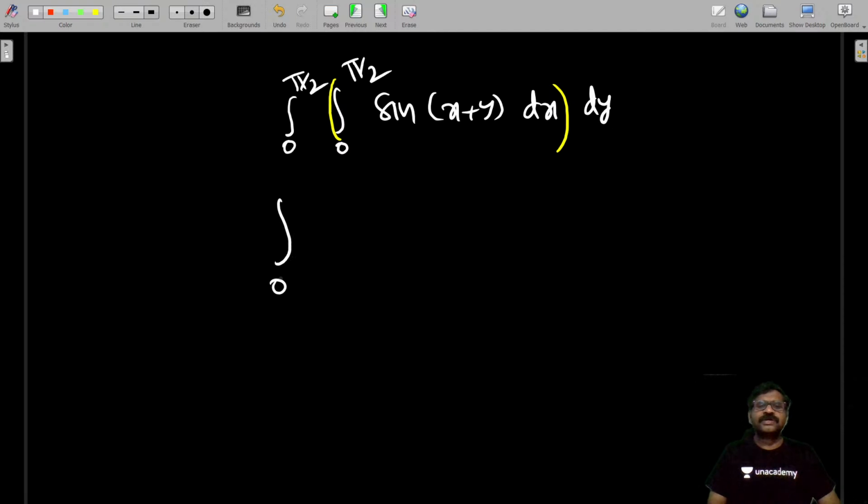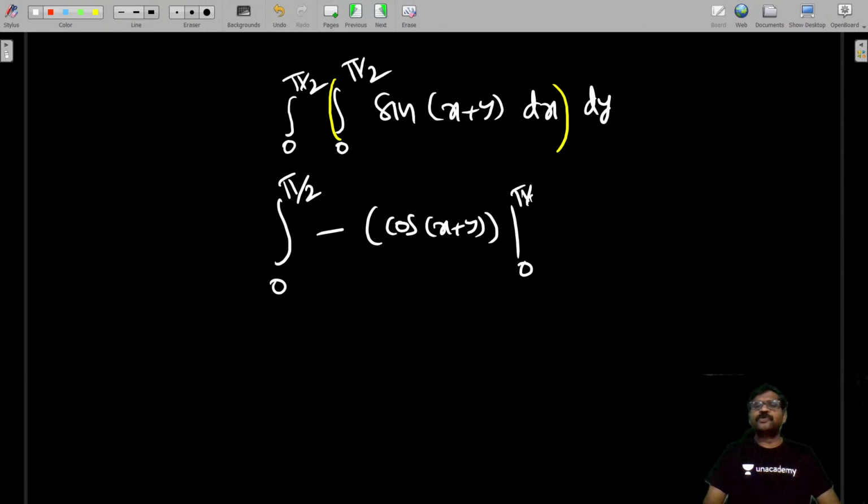Now, 0 to pi by 2, integral sine of x plus y is minus cos of x plus y, 0 to pi by 2 dy.